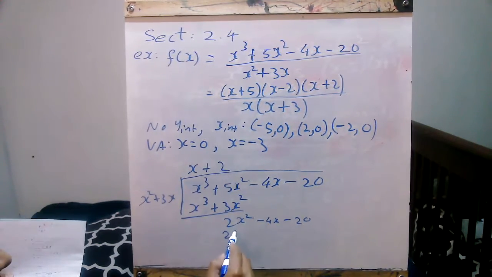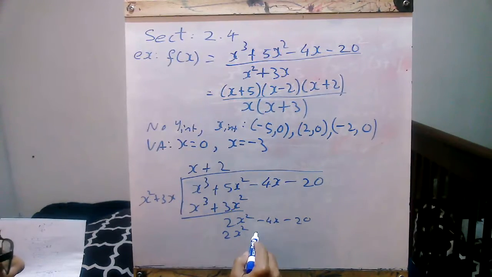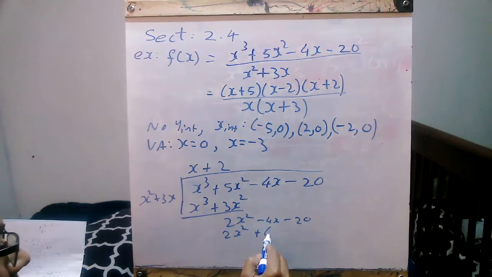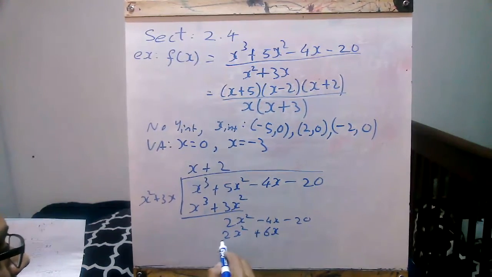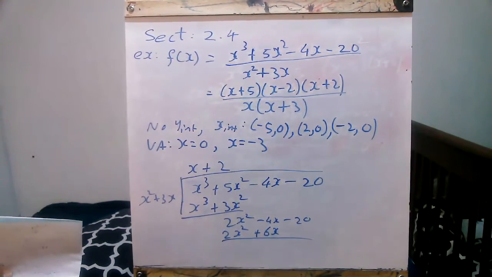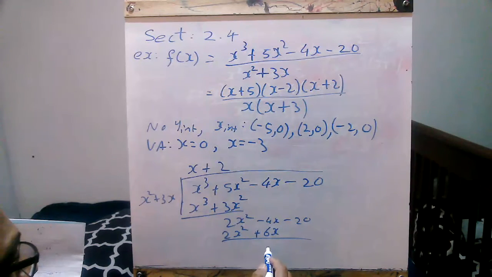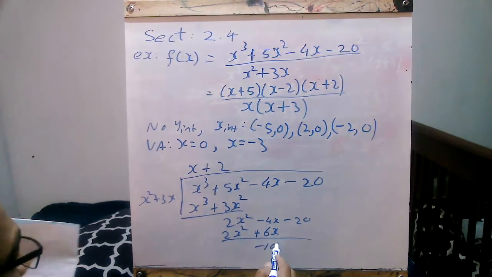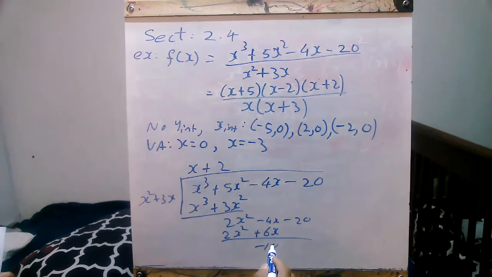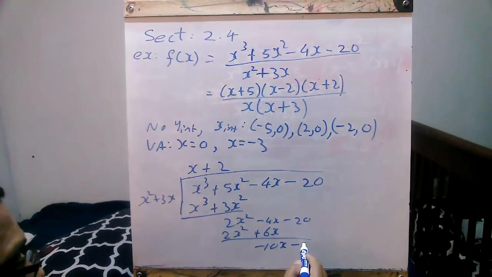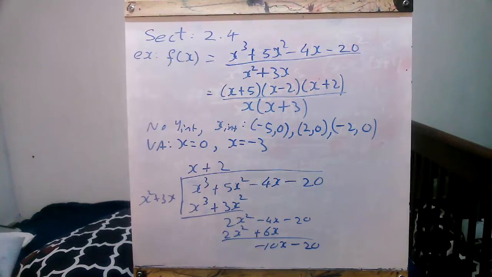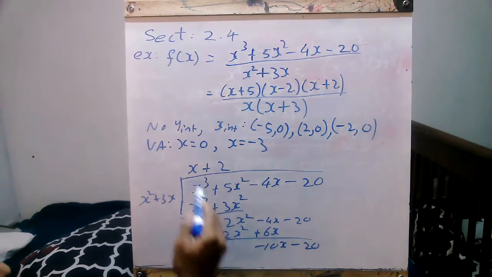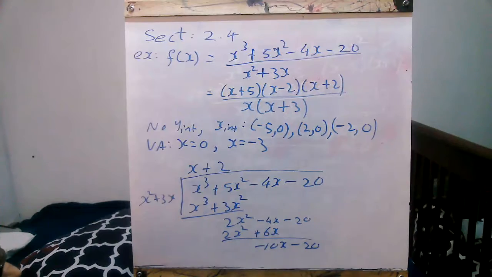Multiply: 2x squared, 2 times 3 is plus 6x. Subtract: negative 10x minus 20. Right? Now this is the quotient and this is the remainder.